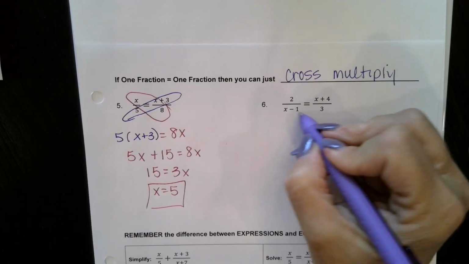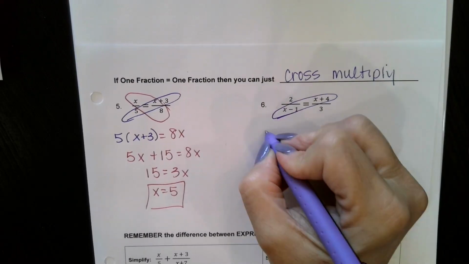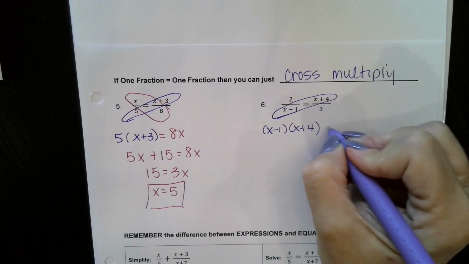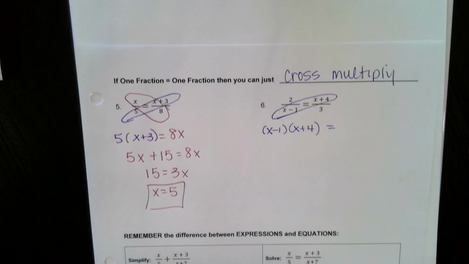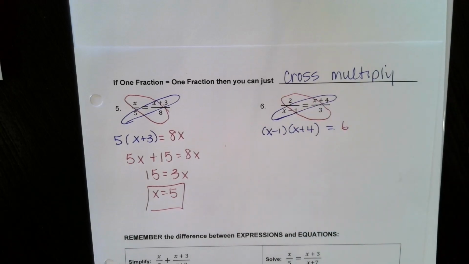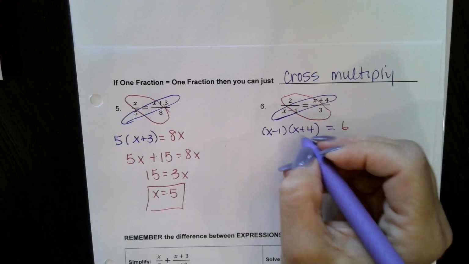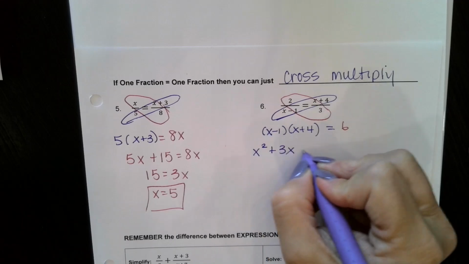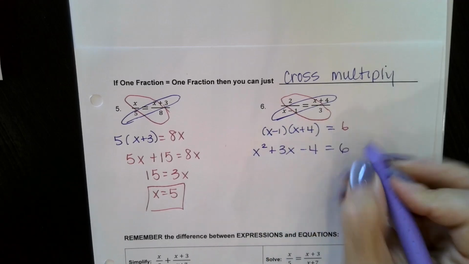Okay, same thing here. Now I have x minus 1, x plus 4, and that is going to equal this one, which equals 6. So this side I have to FOIL. So I'm going to have x squared plus 3x minus 4 equals 6.